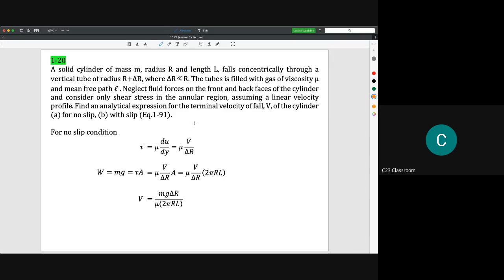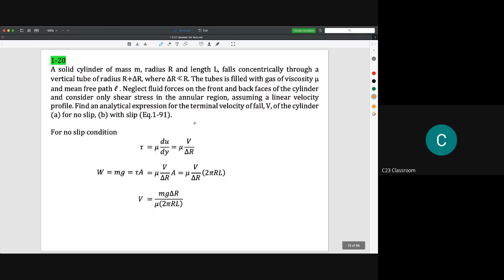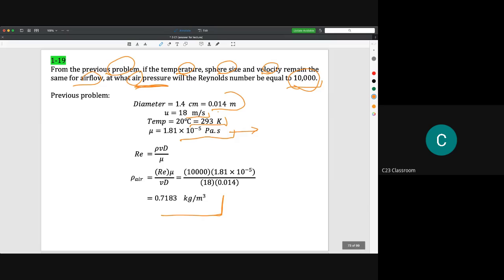Doctor, excuse me. From where do we get the diameter and the velocity? Okay, just assume that this is the diameter given in the question.